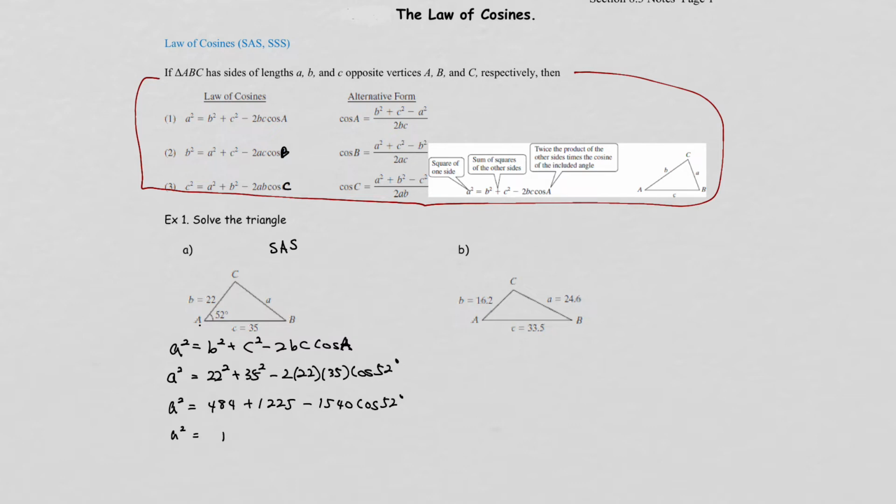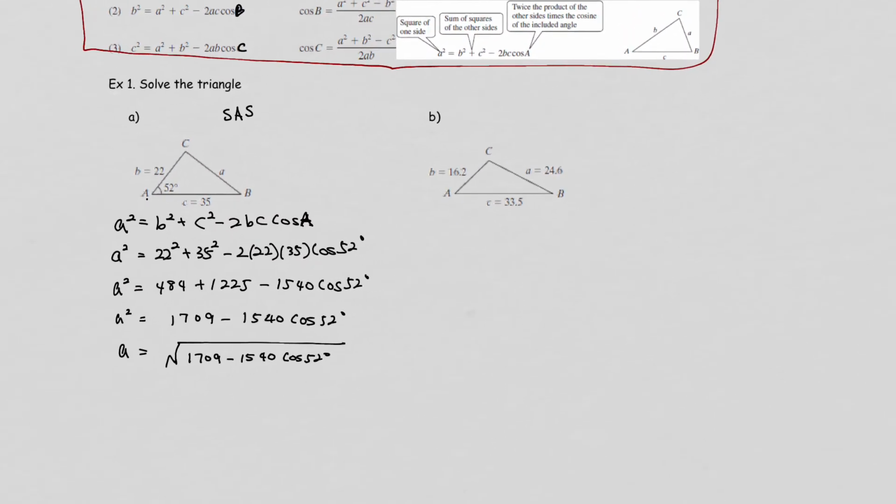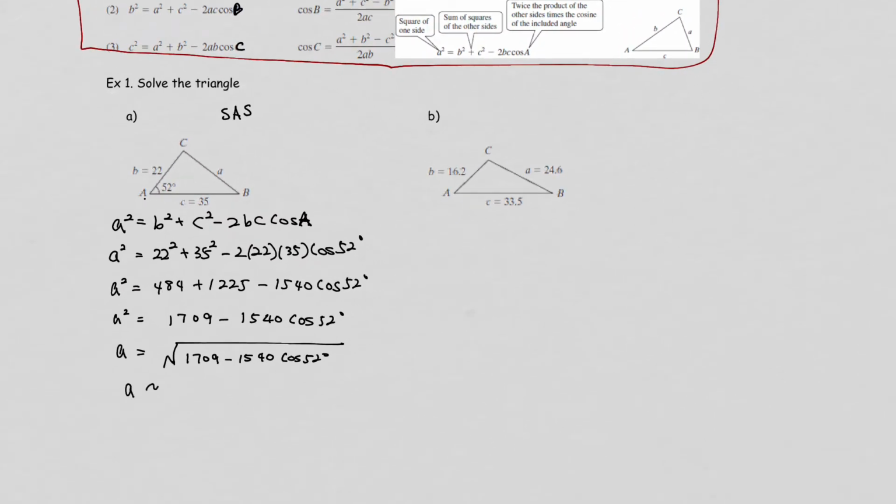That gives you 1,709 minus 1,540 cosine 52 degrees. So then you can do all that at once in the calculator to find a. That will give you about 27.6.